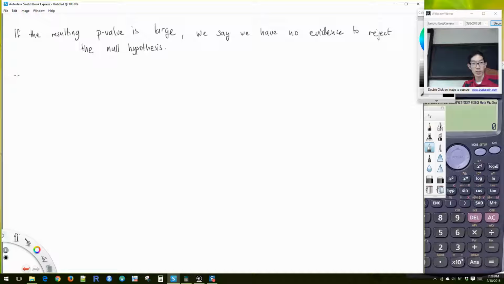On the other hand, if the resulting p-value is small, we say we have evidence to reject the null hypothesis.